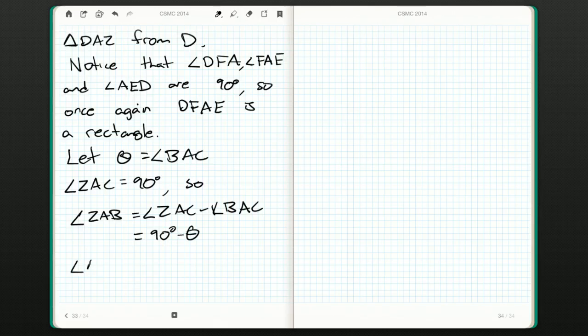Angle ABZ, well, that's also 90 degrees because AB was an altitude. Angle ABZ plus angle ZAB plus angle BZA, interior angles of a triangle, it's 180 degrees.